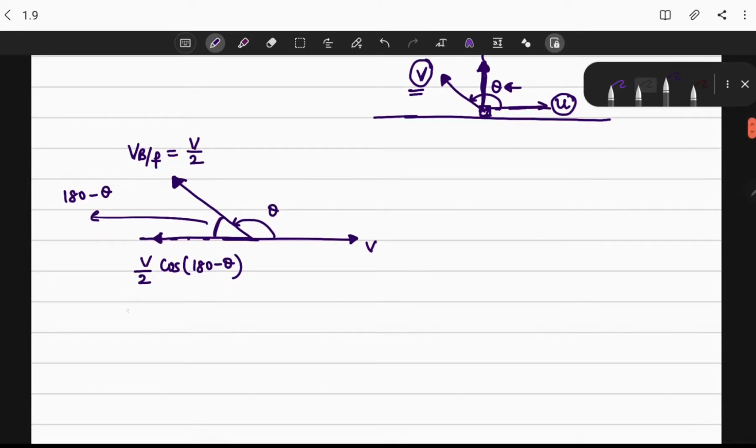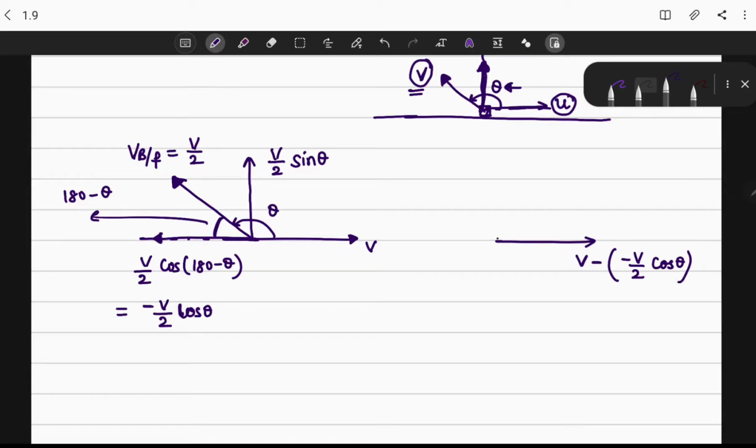We know cos of 180 minus theta is minus cos theta, and the other component will be v by 2 sin theta. Now if we take the components of the resultant velocity, this will be v minus v by 2 cos theta, and this will be v by 2 sin theta.